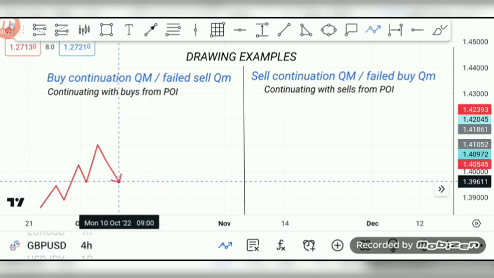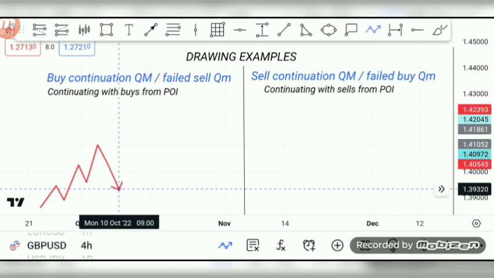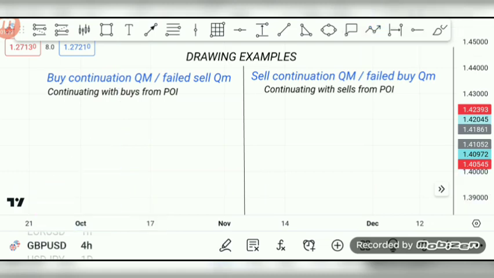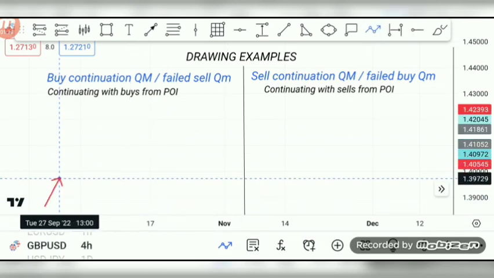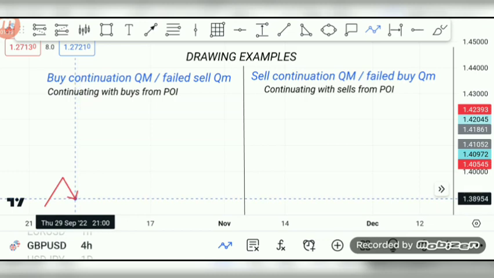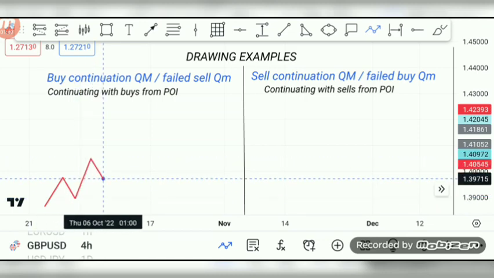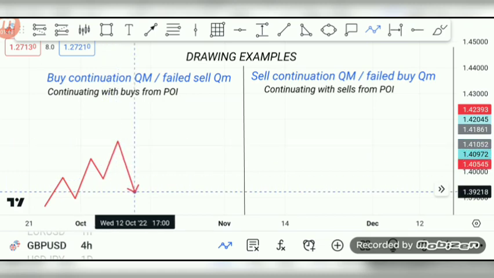Okay, let's make this a lower low. Now let me get this out. I want to see price make a higher high and a higher low, higher high, higher low, higher high with a lower low.